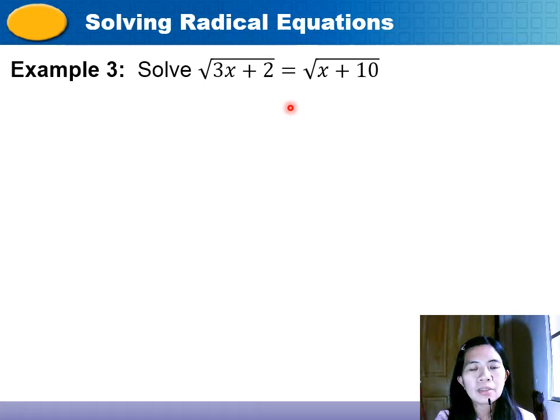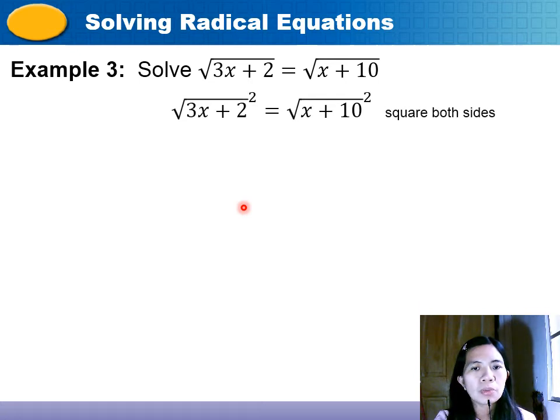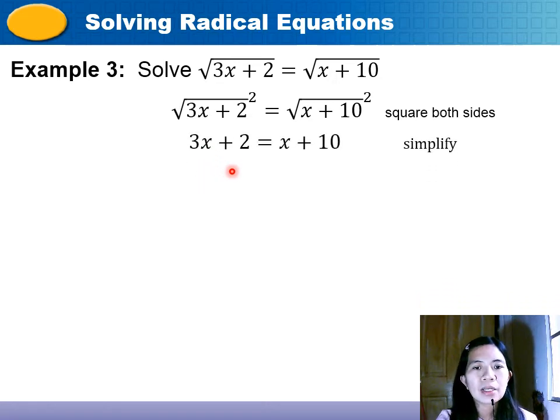So it means we're going to raise both sides of the equation to the power equal to the same index. So it is 2. So square both sides. Now, 2 divided by 2 equals 1. So it will be 3x plus 2 equals x plus 10.